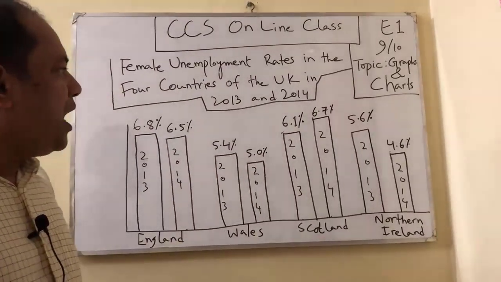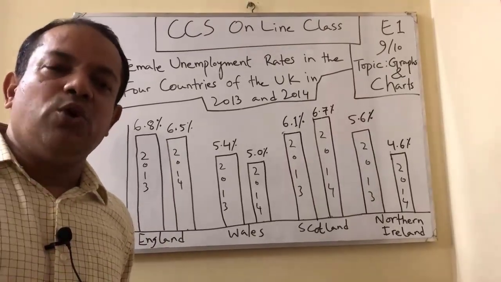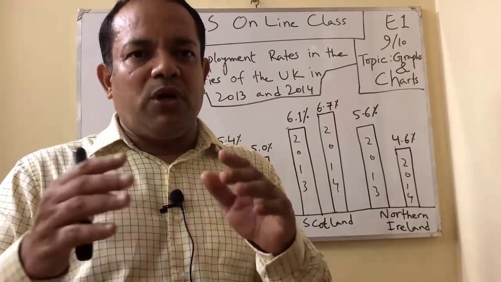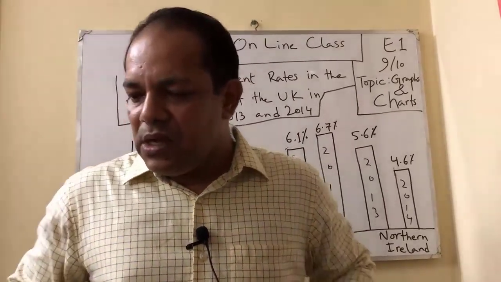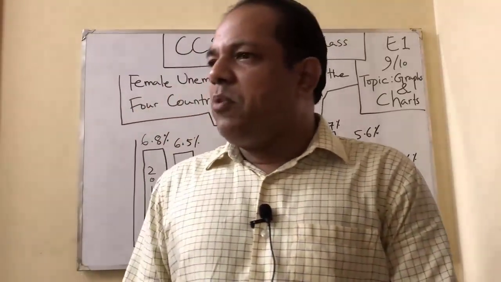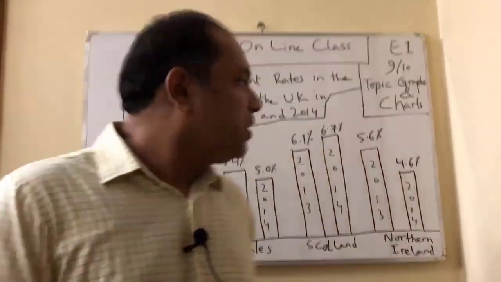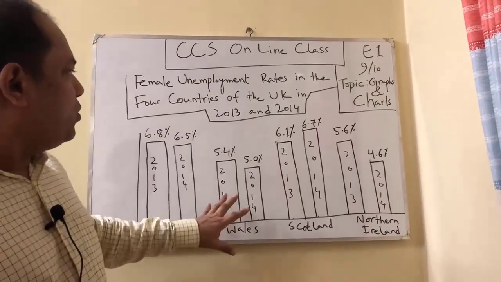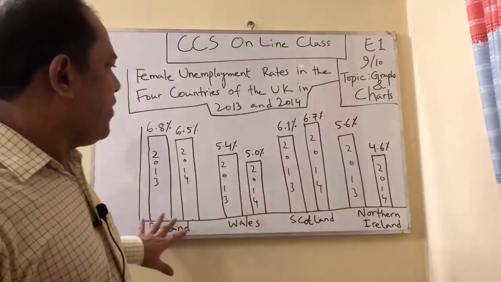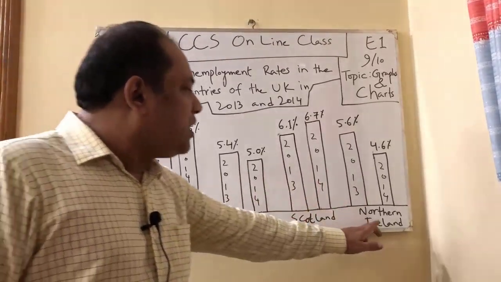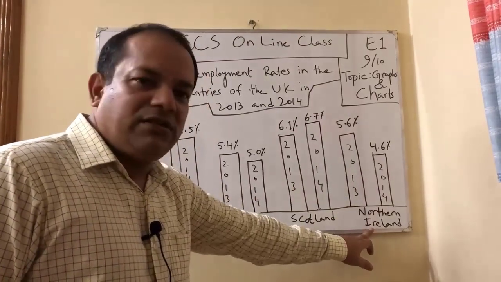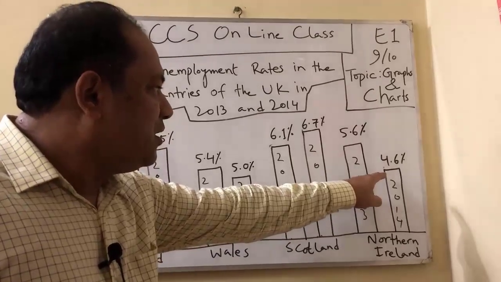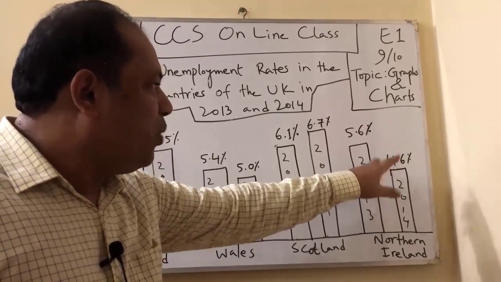And now, after writing the overview, as I told you before, you will go for body paragraph 1 and body paragraph 2. For body paragraph 1, you see that among the 4 countries, in Northern Ireland the rate just went down.